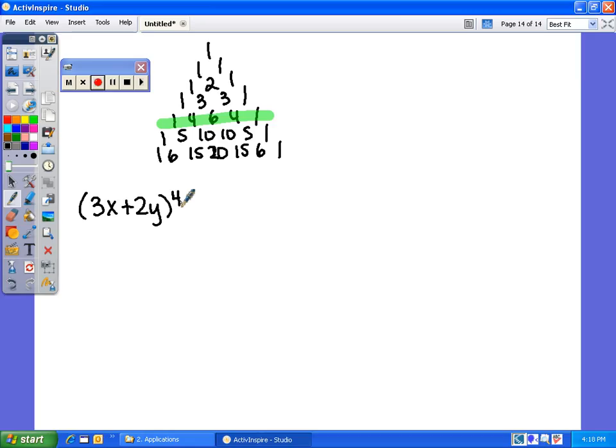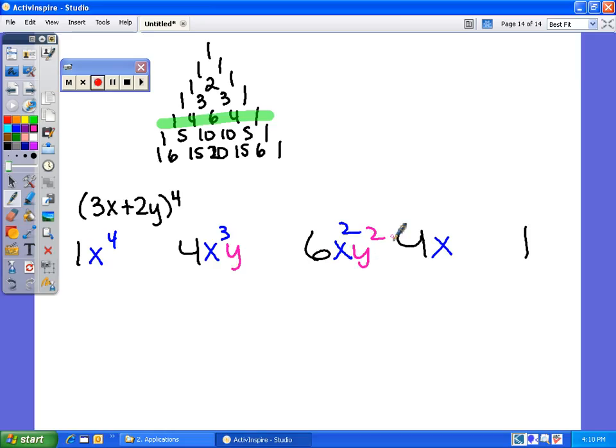So first thing I'm going to do is write out the setup so I can plug things in after. So the first thing is always going to be x to the fourth, x to the third, x squared, x, and I don't need 1 at the end. And then on the next row, I'm going to have y to the 1, y squared, y cubed, and end with y to the fourth.